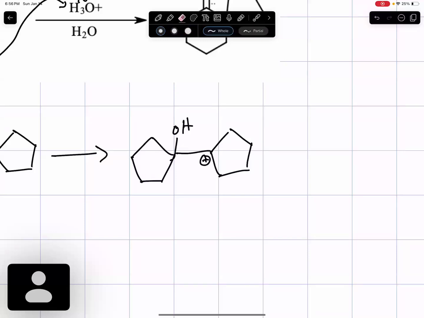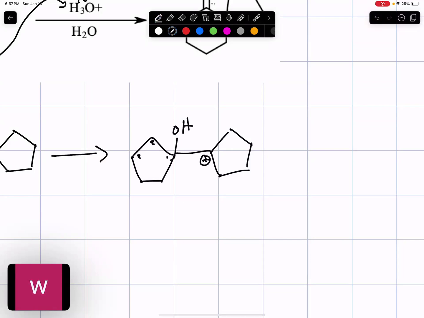So what bond would I be breaking to form that? The one that is attached to the alcohol? Yes, correct. So we're breaking, let's say, this bond. If I was to label this 1, 2, 3, 4, 5, I'm breaking the bond between 1 and 5, correct?